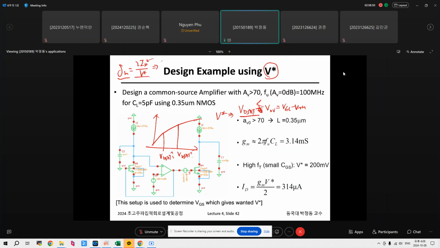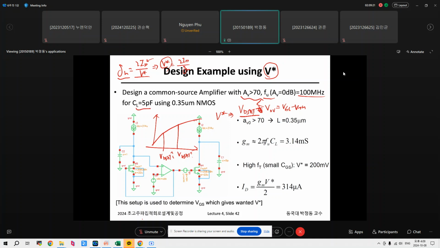So V star is what? V star is 2ID divided by the extracted transconductance. Okay. So using V star, let's design an amplifier whose AV is 70, unity frequency is 100 megahertz, and CL is 5 picofarad.